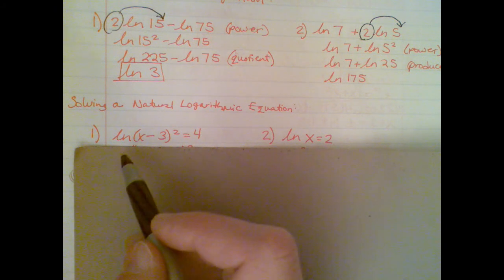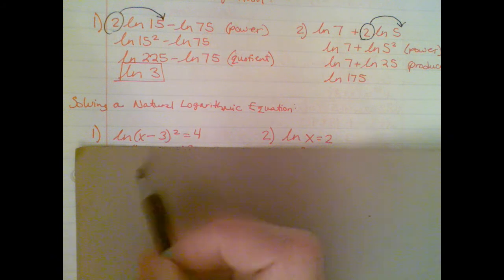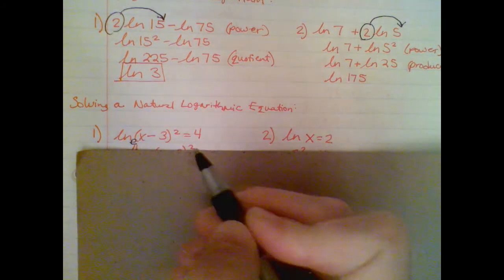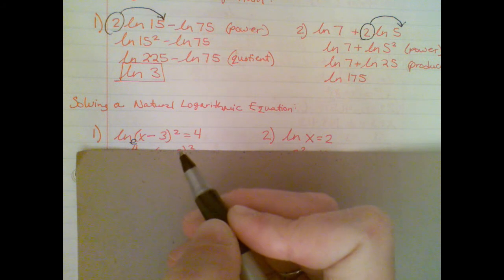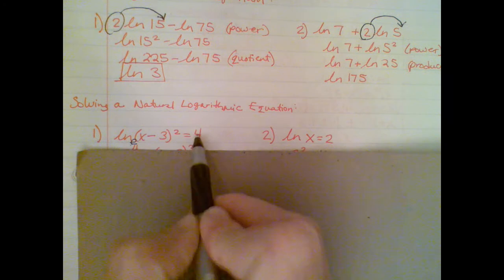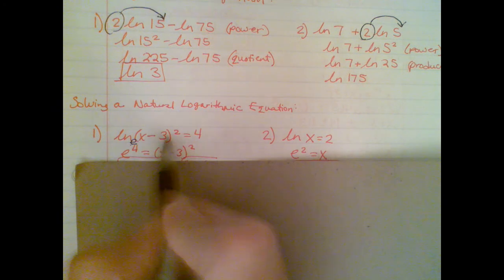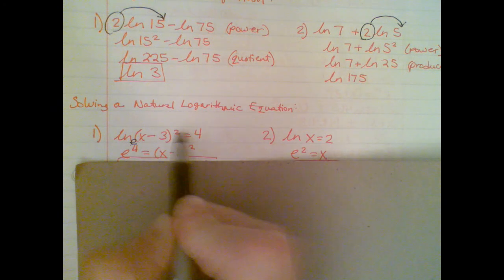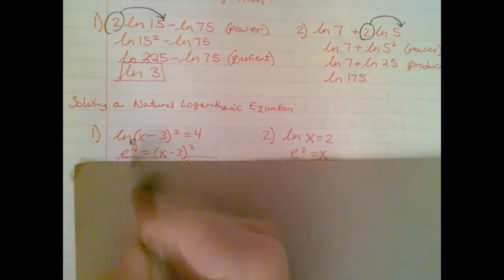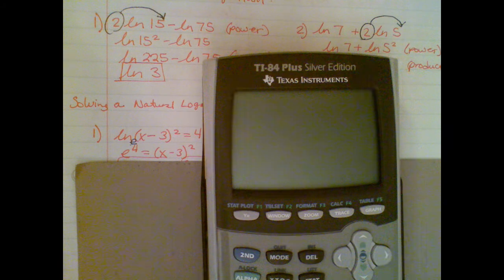So for this one, we're going to go ahead and solve it by switching it to base e. I always just kind of put an e here just to help me remember how to switch it into our base e form. So we have e to the 4th power equals then our (x minus 3) squared. And then from here, this e to the 4th power, we're going to put that into our calculator and write that as a decimal.